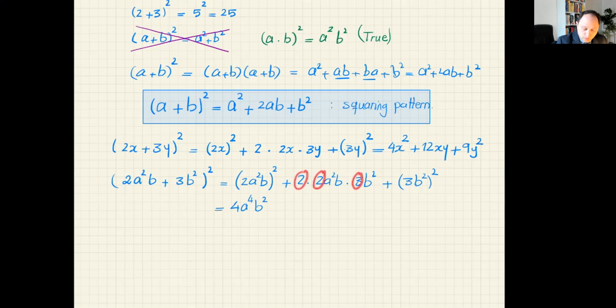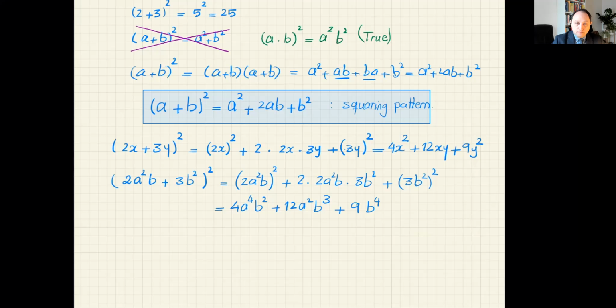So it becomes 2 times 2 times 3, which is 12. And then here, a squared is alone. There is nothing else with a here, so a squared is alone. But then I can write b multiplied by b squared. It becomes b to power 1 plus 2, which is b to the 3, yes? And for the same reason, the next one becomes 9 b to the 4. And this is the final answer to this problem.